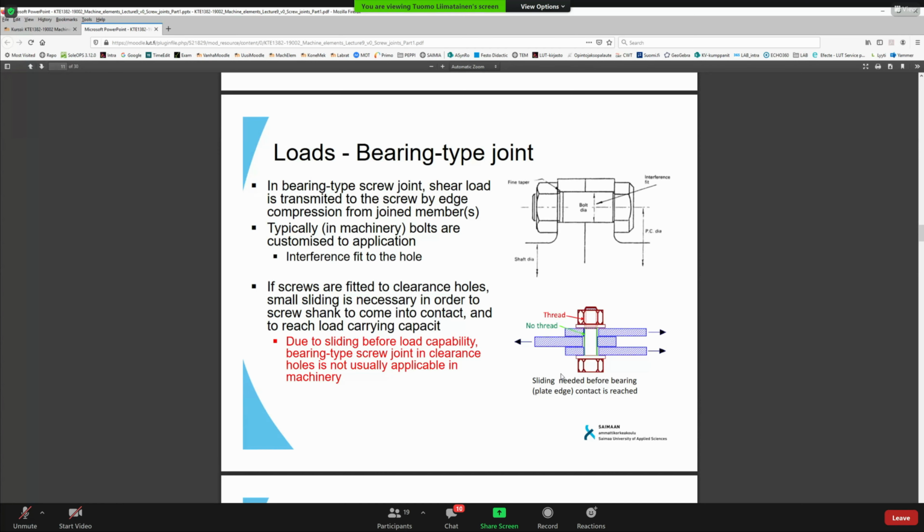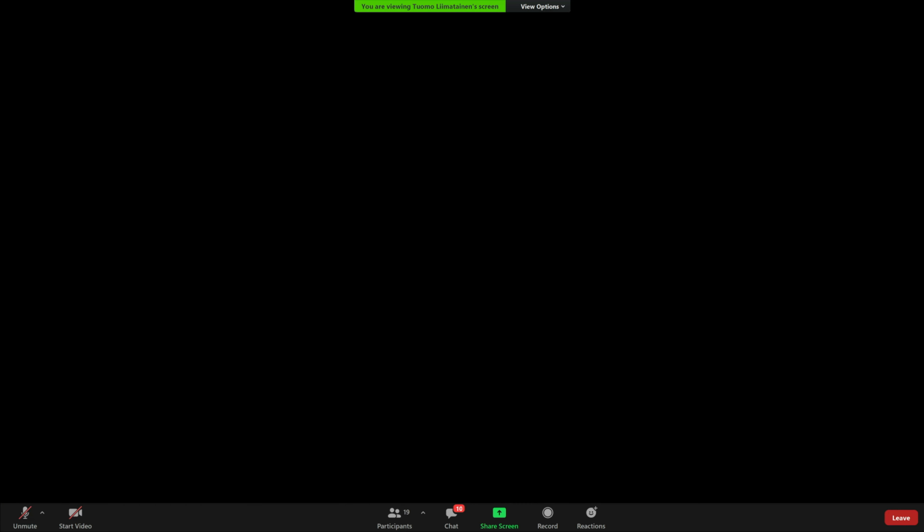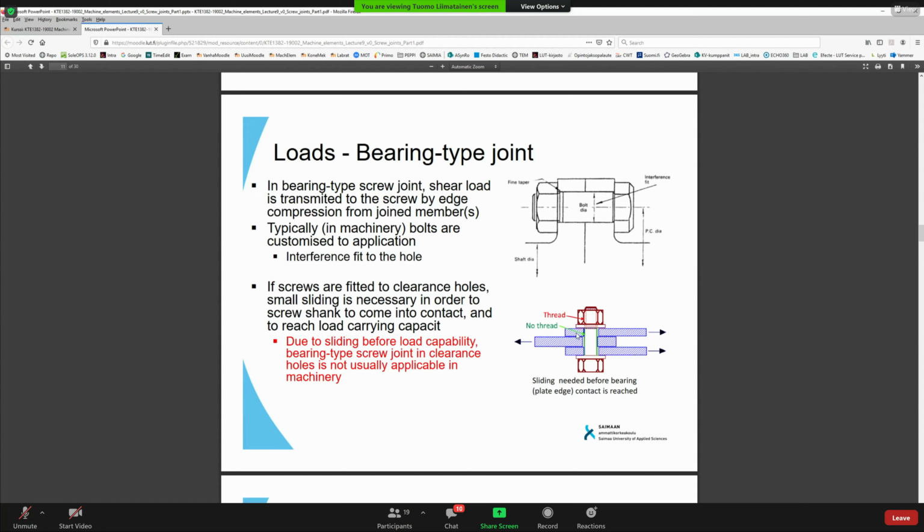Therefore, some sliding is needed before the contact can be reached. And in many cases in machinery, this small movement of the components is too much. We cannot tolerate movement of, for example, 1 millimeter or 1.5 millimeters between the components.